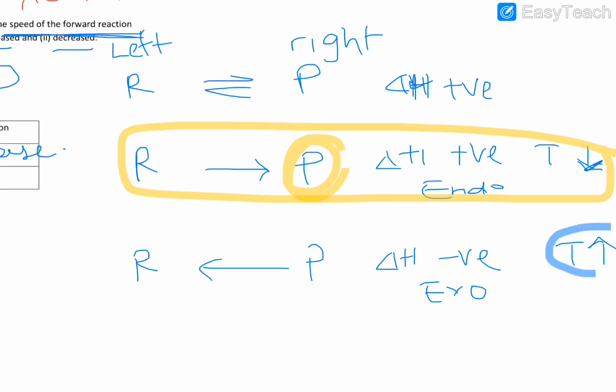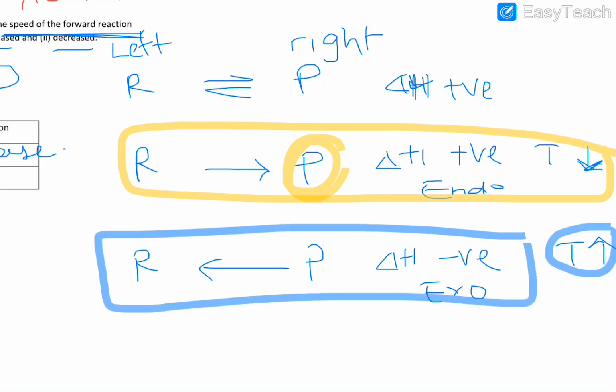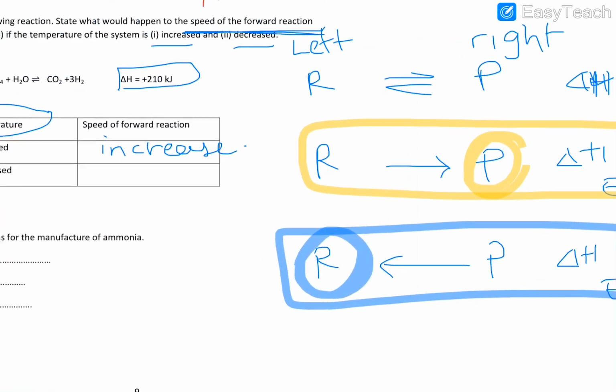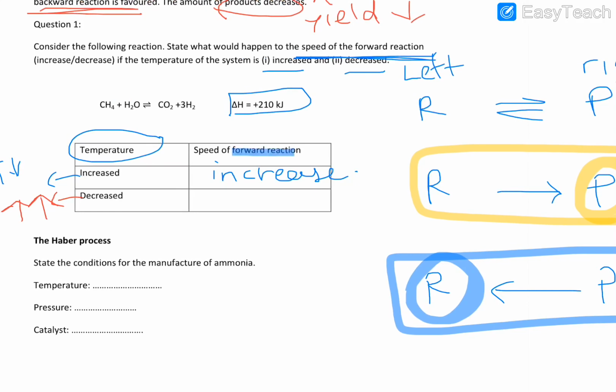So it's this one here, temperature increases. So then the backward reaction is favored. So we have more reactants. So the forward reaction is going to decrease. Make sure you're really understanding that and you're not just writing decrease because the first one is increase. Okay.